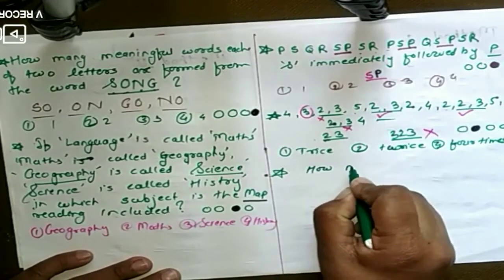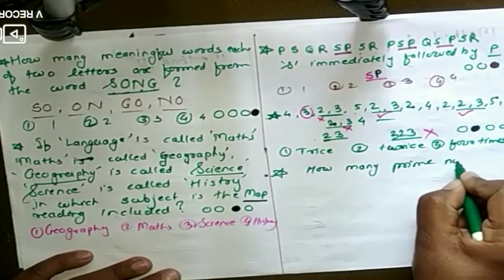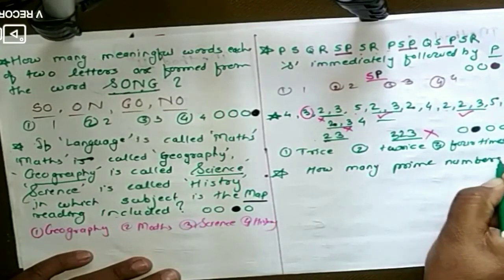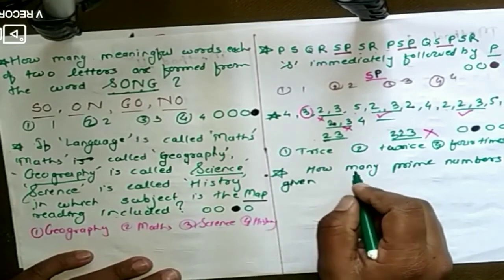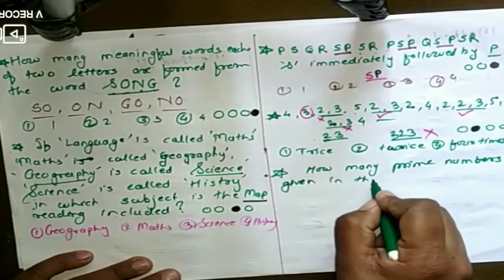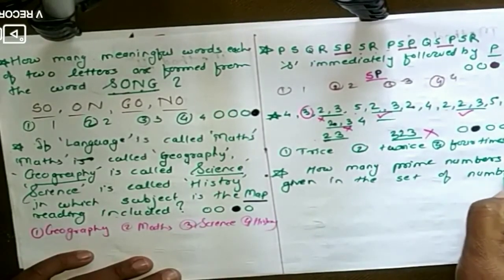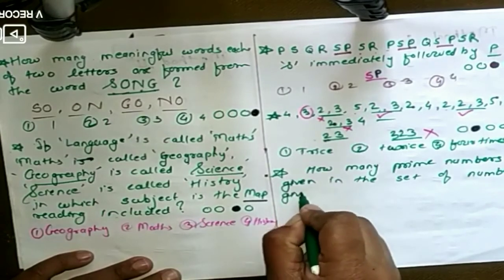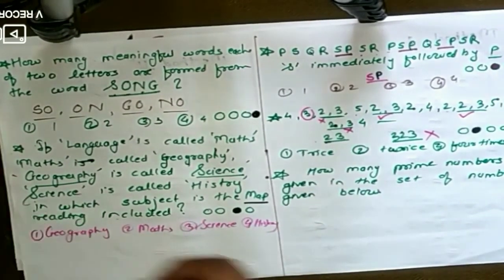How many prime numbers are given in the set of numbers given below?